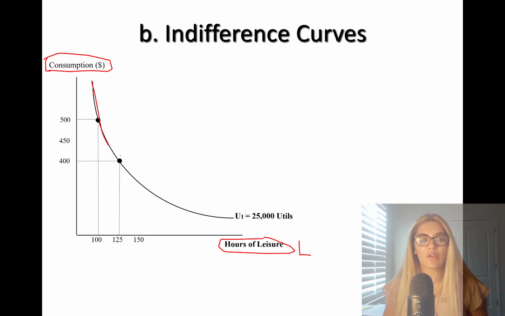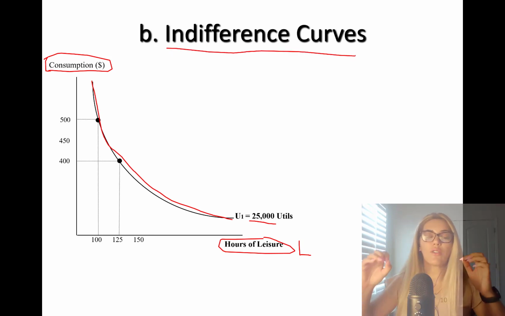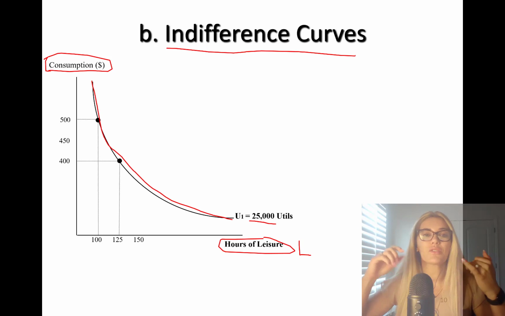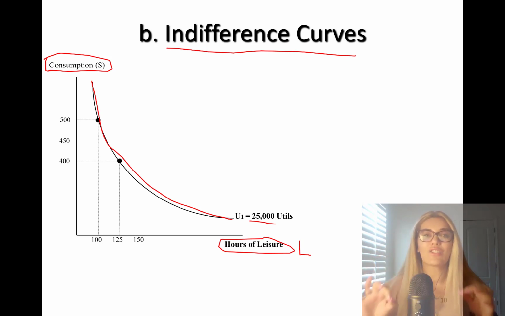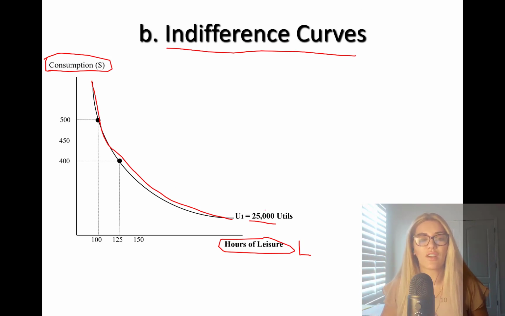This is a downward sloping indifference curve that gives you, for instance, 25,000 euros. That's the index. Any combination on this indifference curve will give you the same level of happiness. Indifference curves are loci of different combinations of consumption and leisure that give you equal satisfaction. So any point on this indifference curve gives you 25,000.